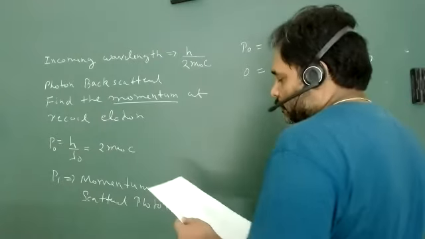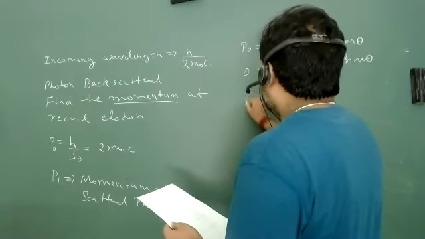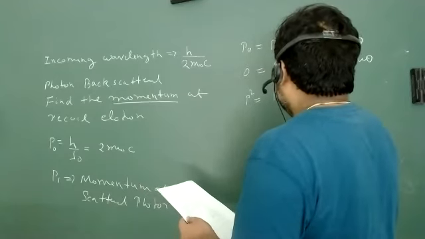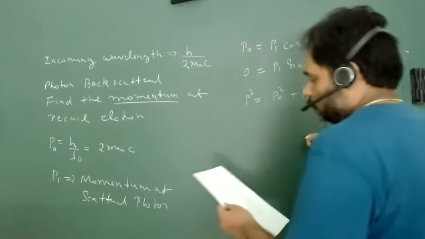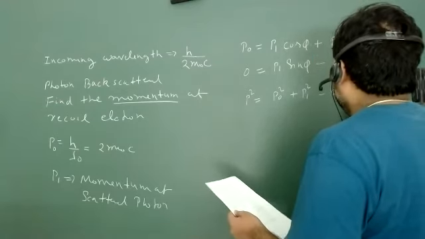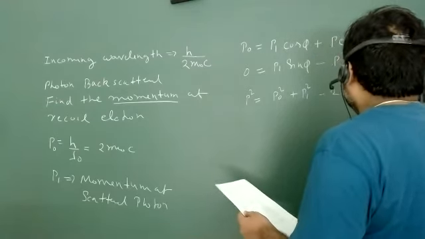From here we can find that P square is equal to P naught square plus P1 square minus 2 P1 P naught cos phi.